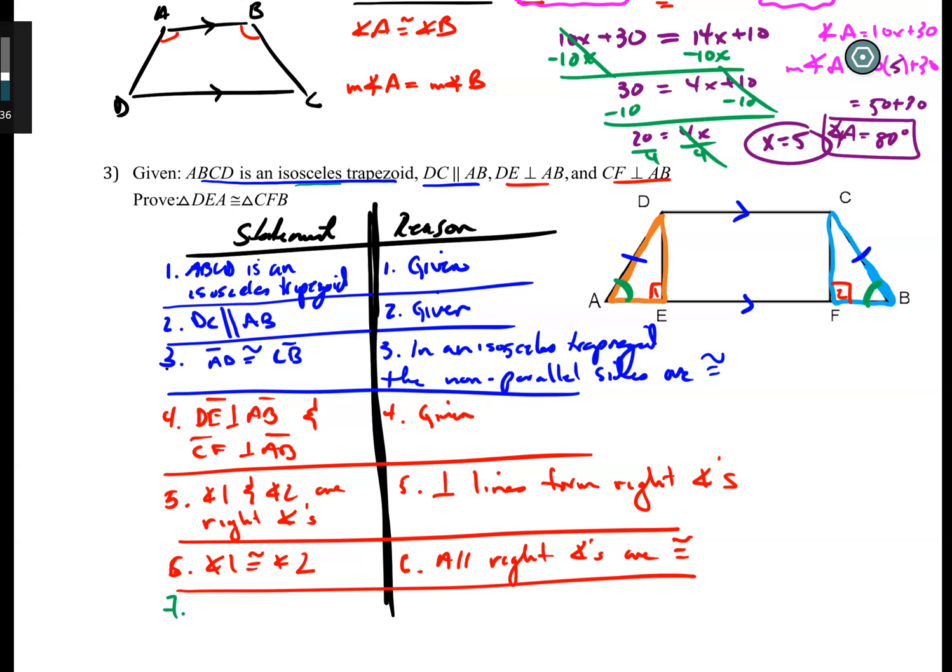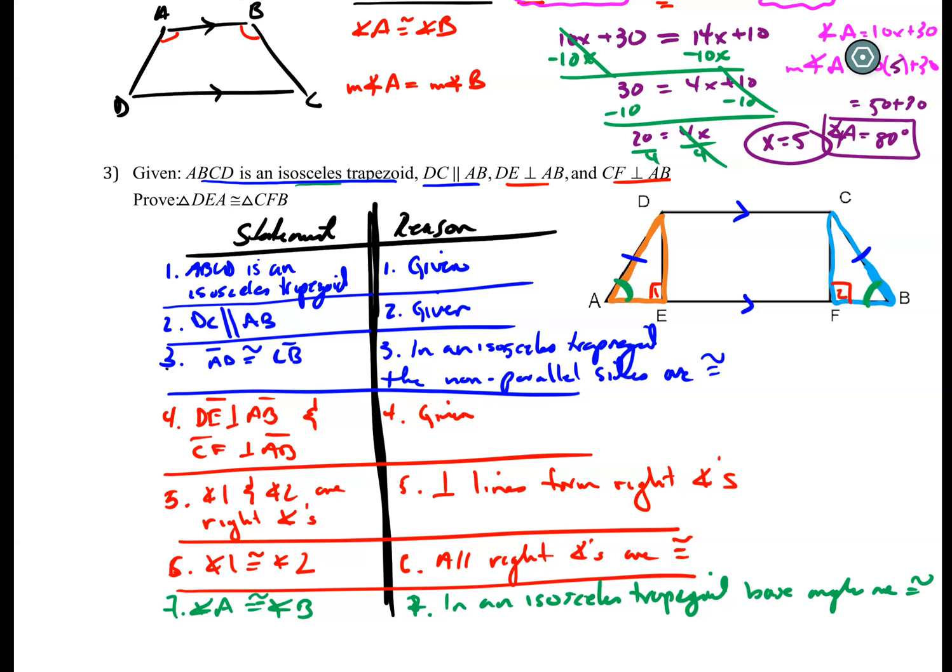So I can say now that with 7, I can say that angle A is congruent to angle B. And again, those are single angles, so I can actually denote it with just A and B. If you want to call it 3 and 4, you could. Just gotta label it. Sorry, this is 7. And then again, we're going to say in an isosceles trapezoid, base angles are congruent.